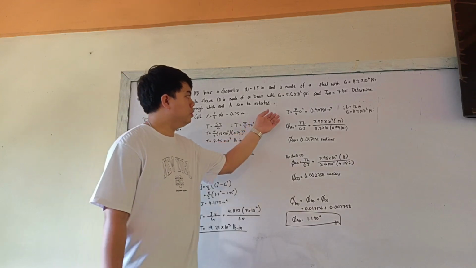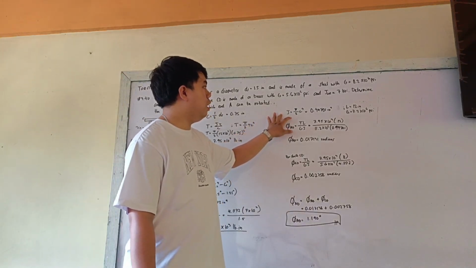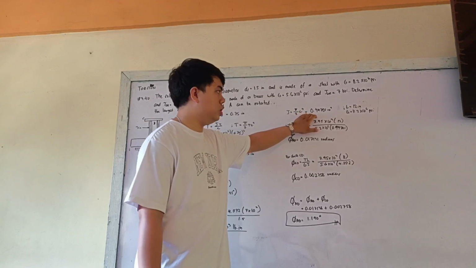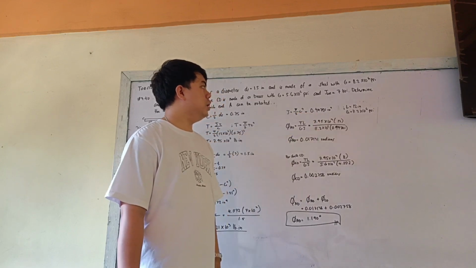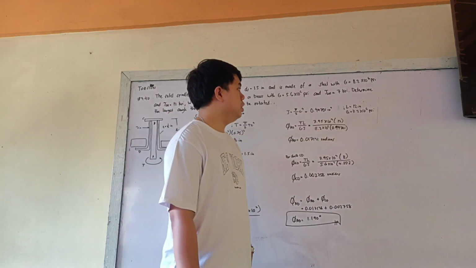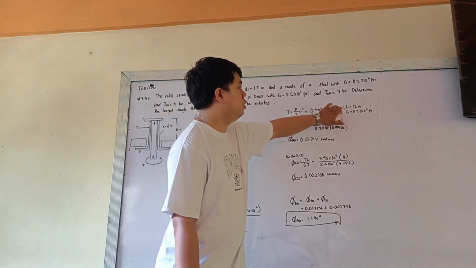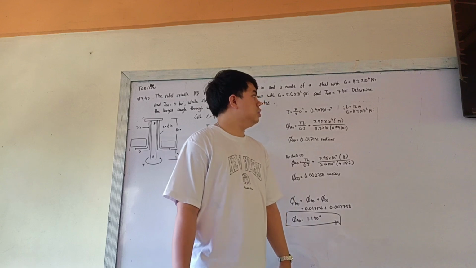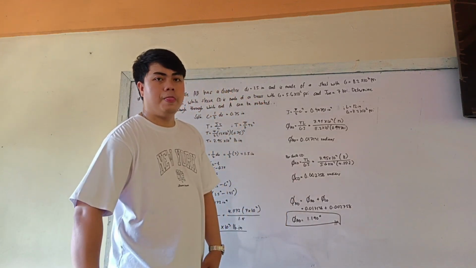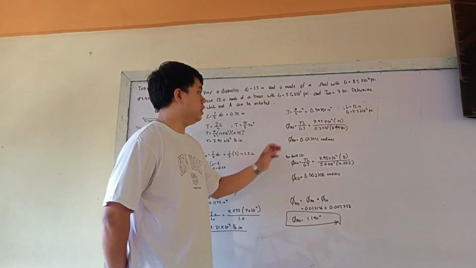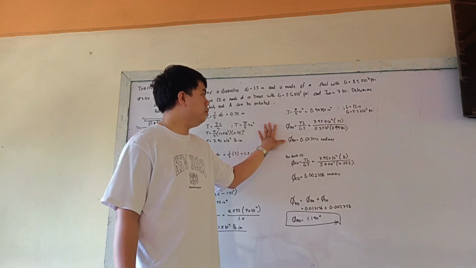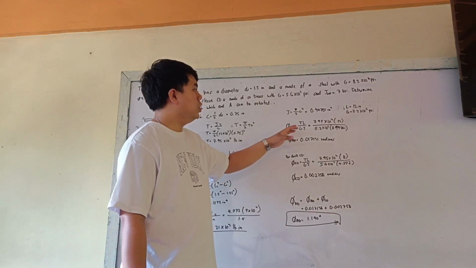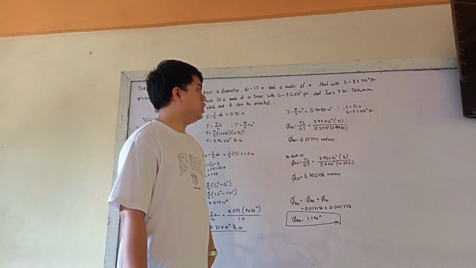So next, our J now, solving for J, our J is 0.49701 inches to the 4th. So again, we have the length of 12 inches, we have G equal to 11.2 times 10 to the power 6 psi. So for the shaft AB, the angle AB is equal to TL over GJ.